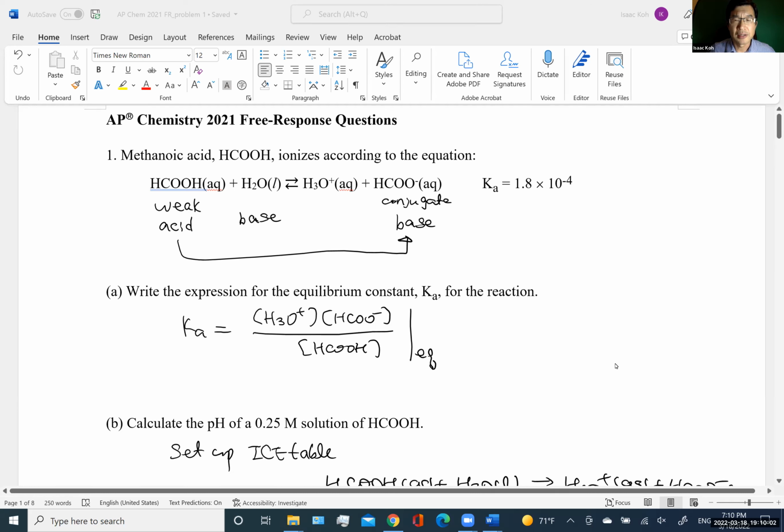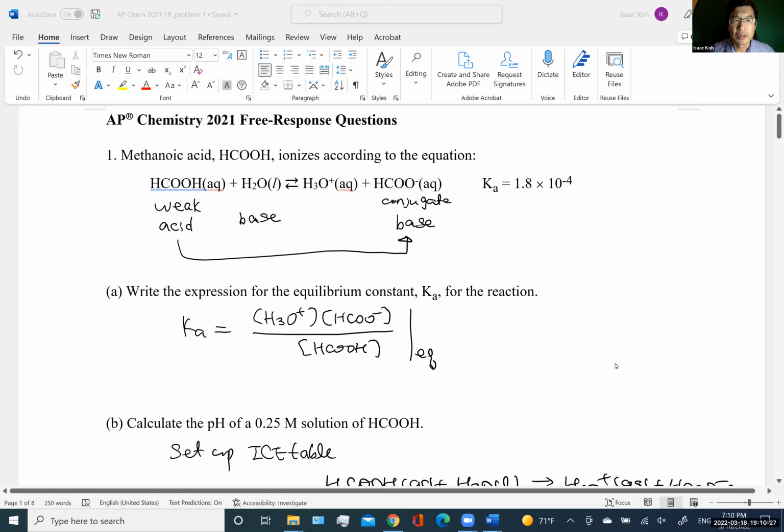The equilibrium constant is the product concentrations, in molarity, each raised to the power of its coefficient. Here, all the coefficients are 1. So the product side, hydronium ion and methanoate ion, HCOO negative, concentrations, where the brackets indicate molarity, divided by the concentration of the methanoic acid at equilibrium.